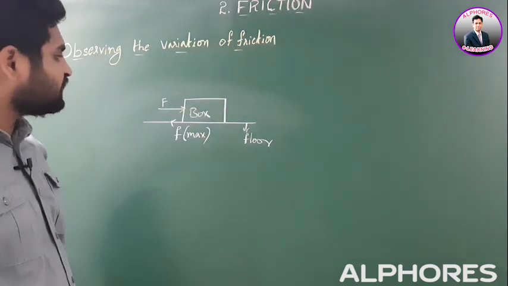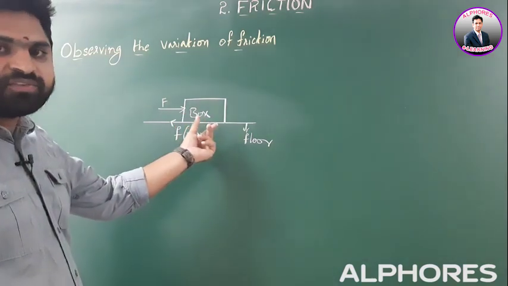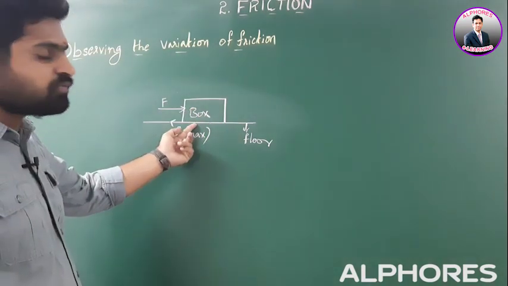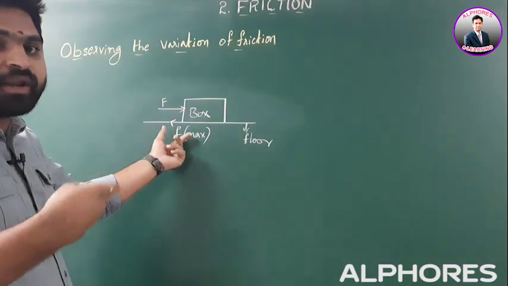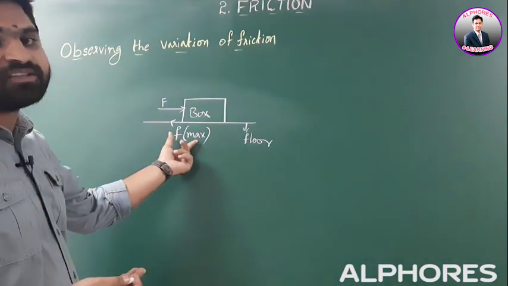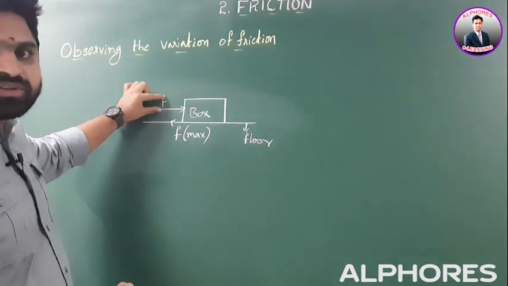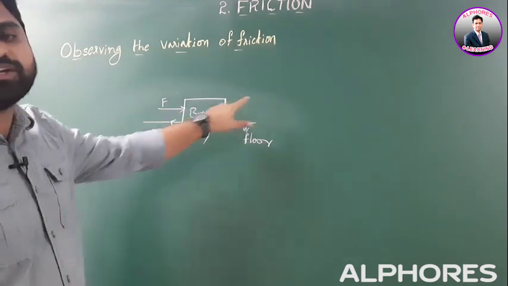I hope you understand, children. One more time I am repeating: when the box is ready to move, the frictional force between the box and the floor is the maximum static friction, and only if the applied force is more than this maximum static friction does the box move on the floor.